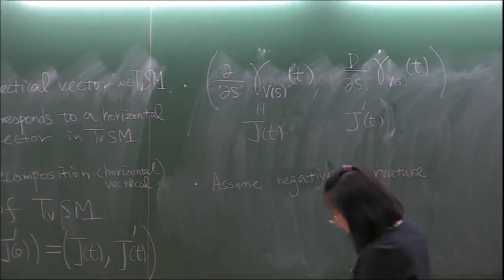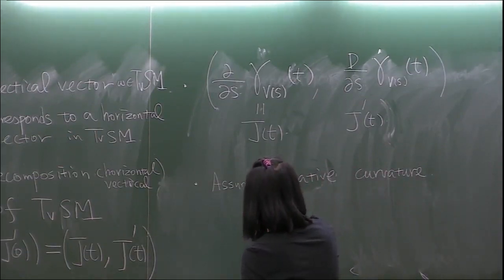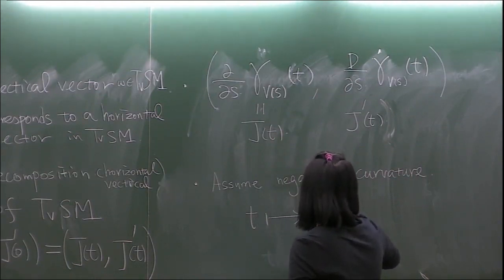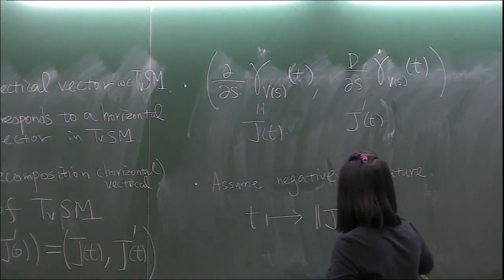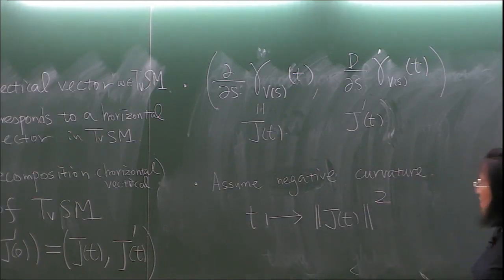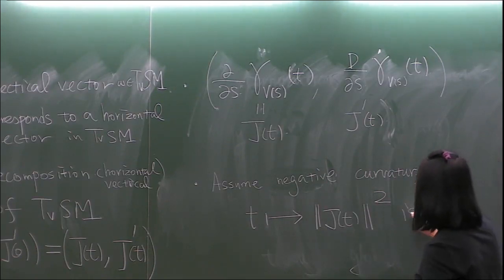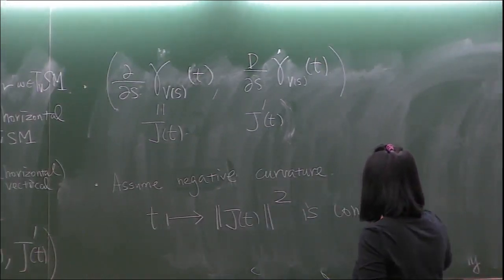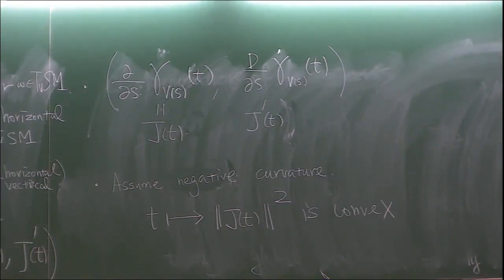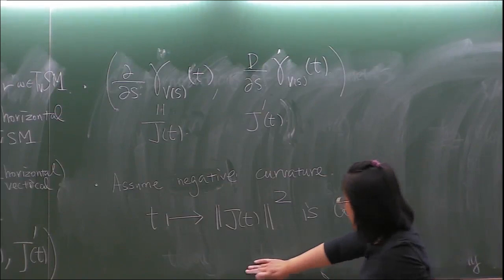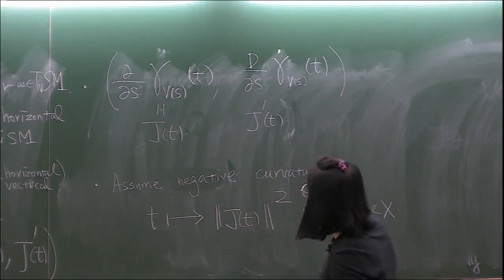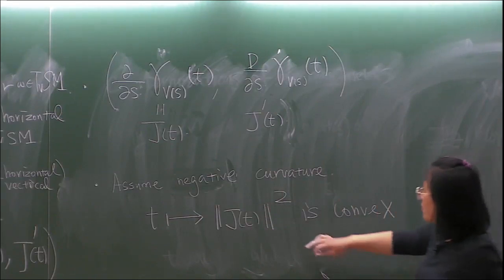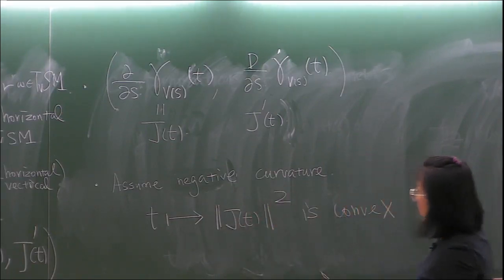Then a useful fact is that if you have a Jacobian field and you consider the norm of this one, the map t goes to the norm of J_t squared, actually this map is what? A convex function. I put the square here so the computation will be easier. Actually, you have similar results if you consider just the norm of this one.